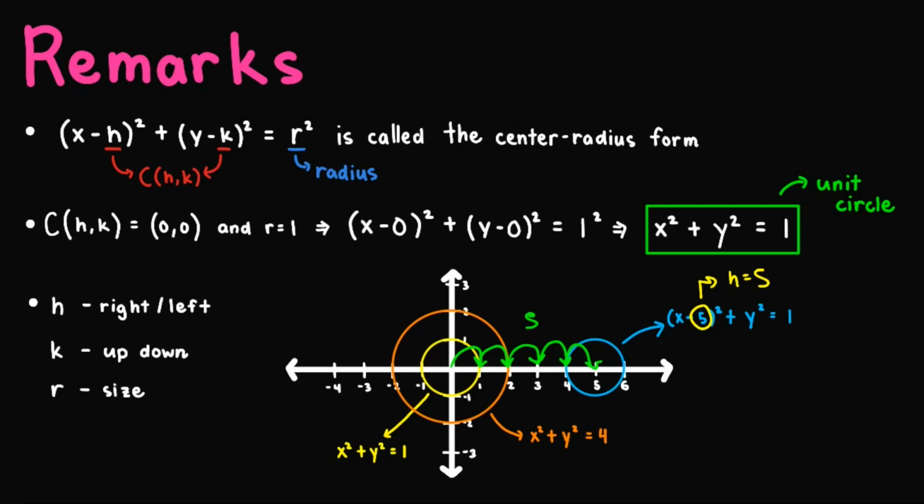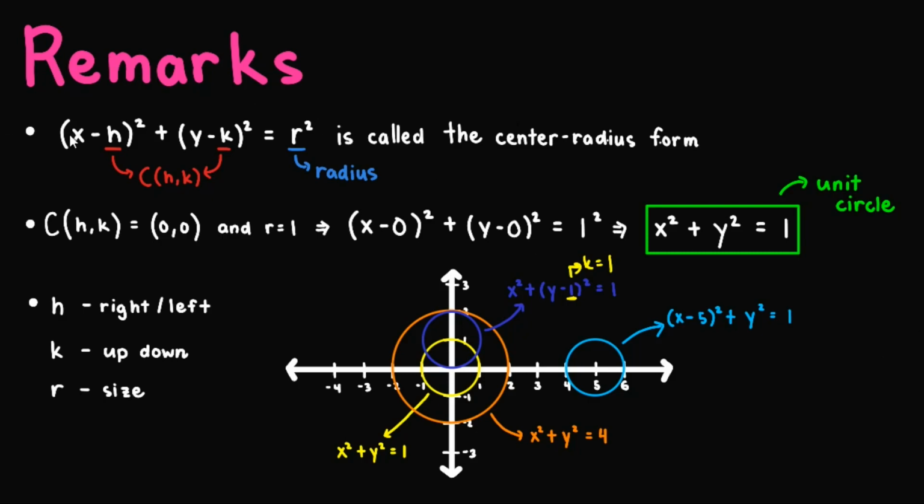Now lastly, let's try to inspect what happens when we manipulate k. So we'll have this. In here, observe that the value of k is equal to 1. So the idea here is that we move the unit circle 1 unit up.